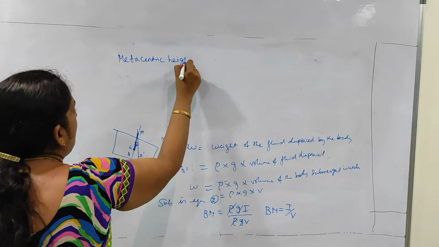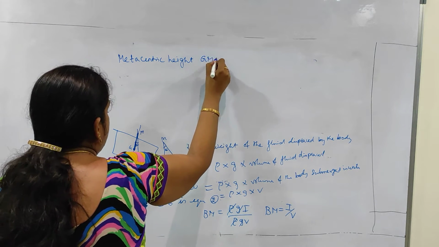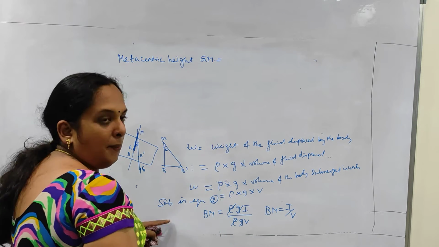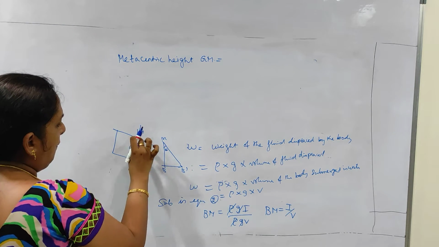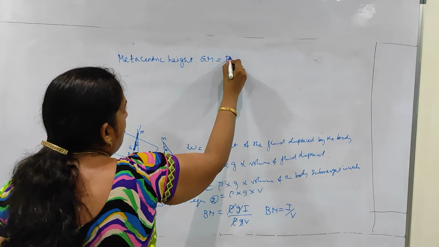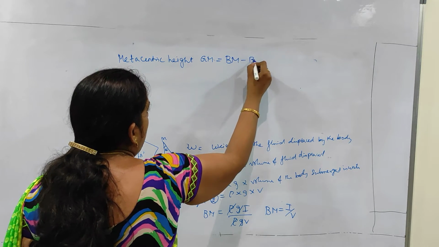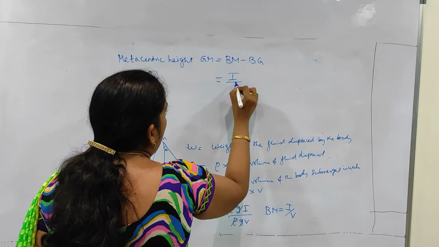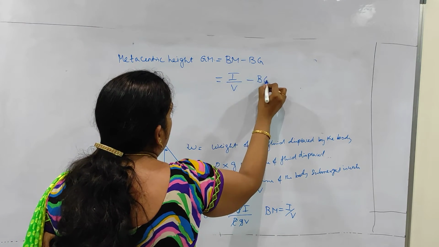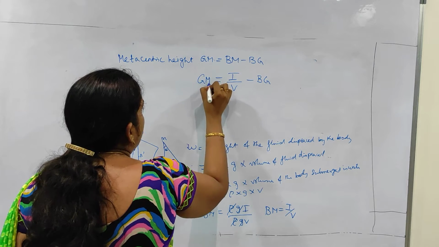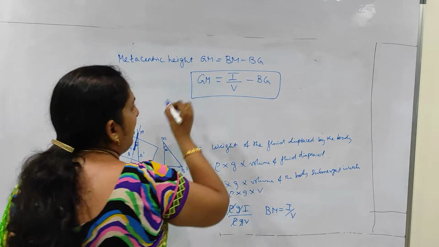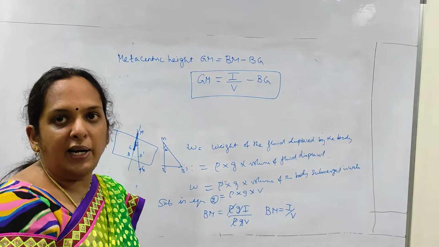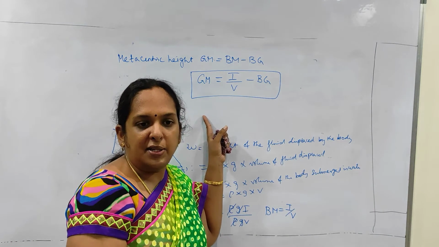GM is equal to BM minus BG. When you visualize the diagram, you will be able to see it is BM minus BG, where BM is equal to I by V, minus BG. So this is my metacentric height. So we have derived an equation for the analytical method for the metacentric height.